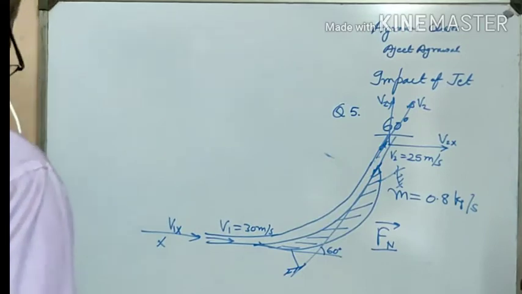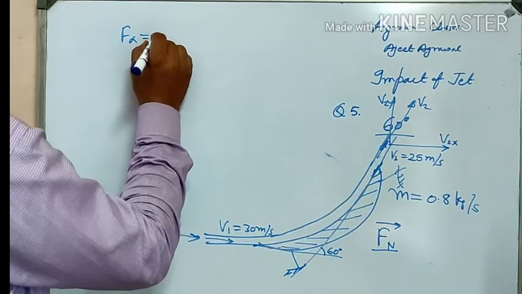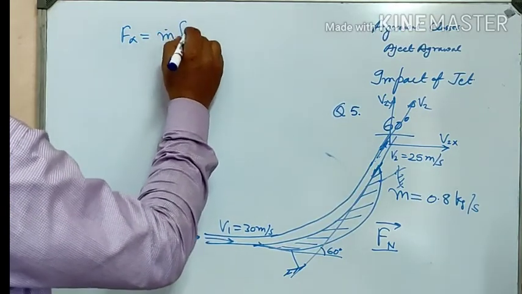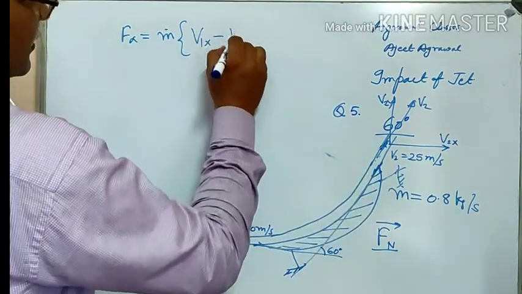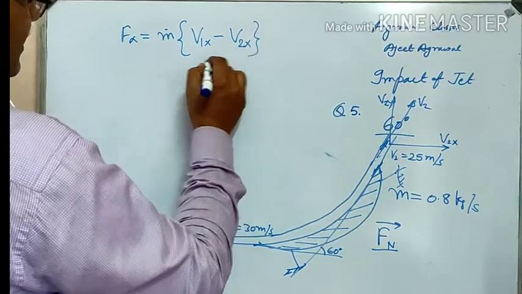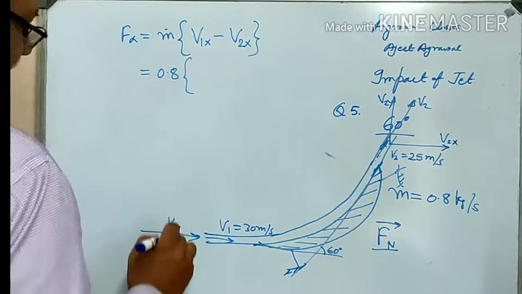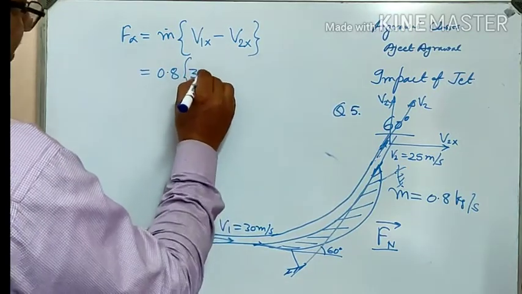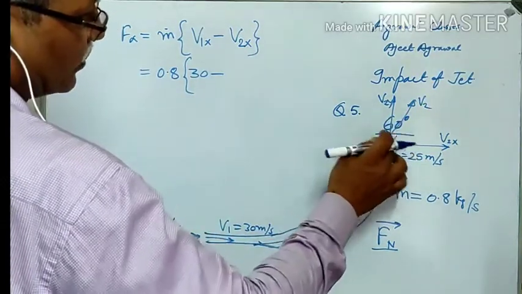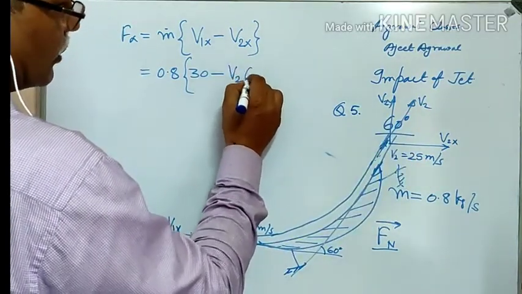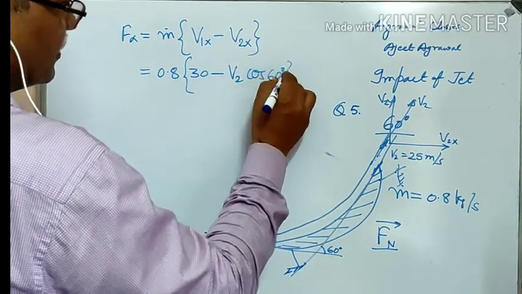So to find the force in the x direction, we will write Fx equals mass flow rate into initial velocity, that is V1x, minus final velocity in the x direction, V2x. So here the mass flow rate is given as 0.8 kg per second multiplied by initial velocity 30 meters per second minus the final velocity in this direction, which will be V2 cos of 60 degrees.